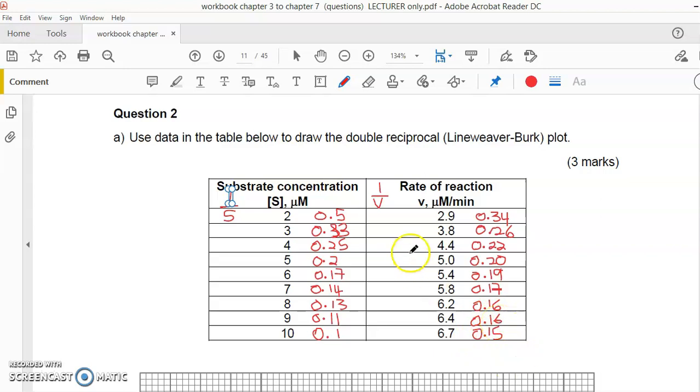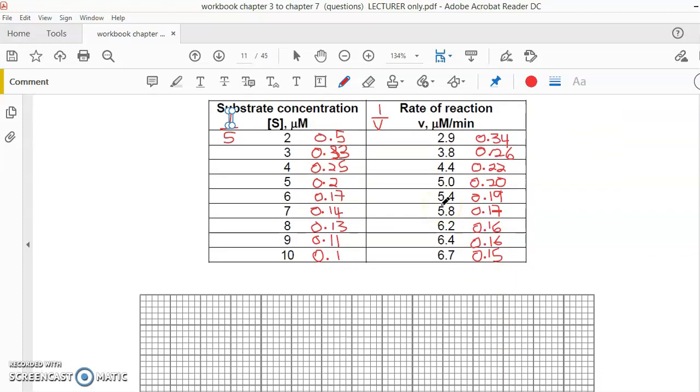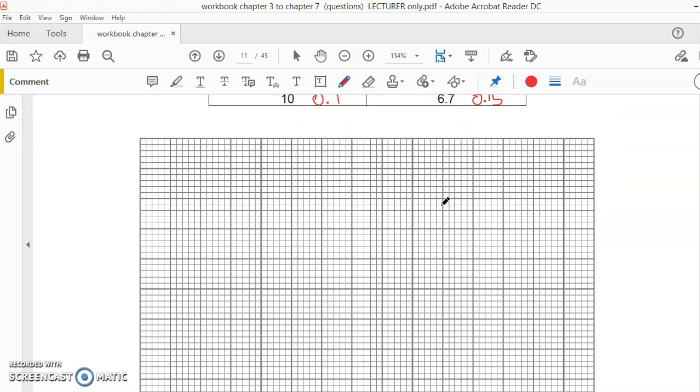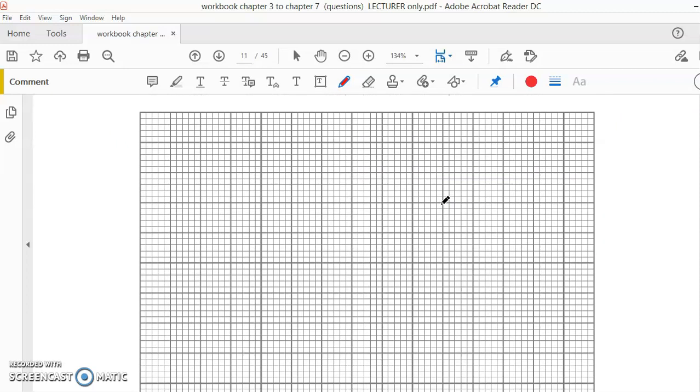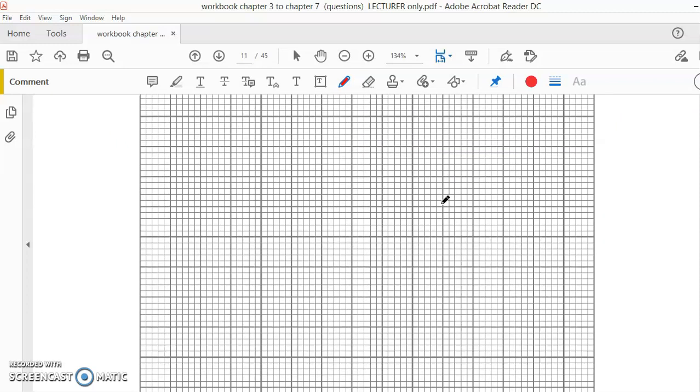Okay, so from this value of 1 over S and 1 over V, now you can construct a graph, a Lineweaver-Burk plot. Let me show you the results that I get.